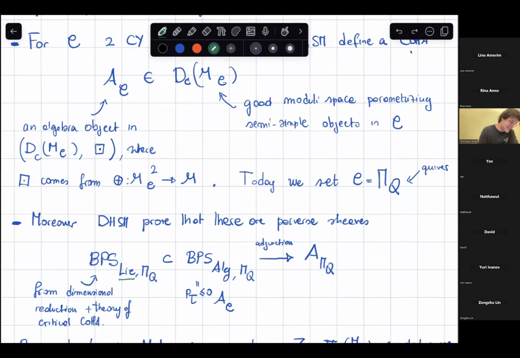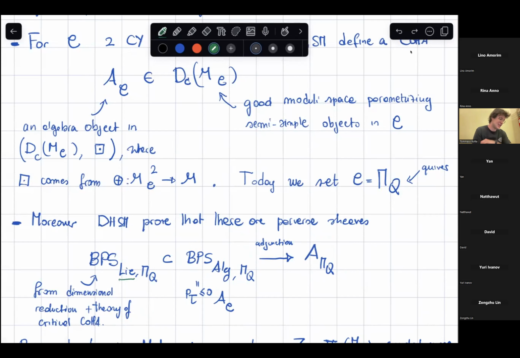They can both be seen as something with the cohomological algebra as a target, but they come from two different worlds.